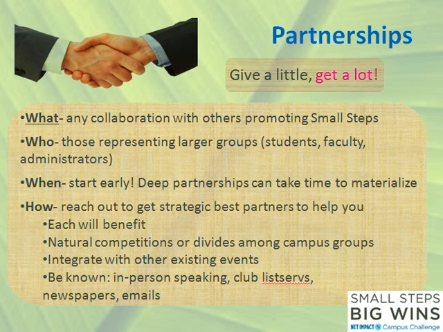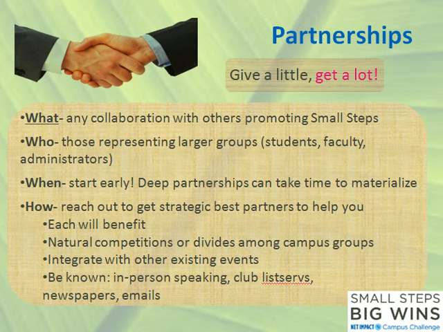After you find the people who you want to partner with, make sure that you're able to ensure mutual benefit for them, and this will help make the partnership stronger and last longer and be more successful for both people. Start by getting clubs to create a Small Steps team within their school to compete against other clubs, and this will gain a large amount of participants through their clubs for Small Steps.